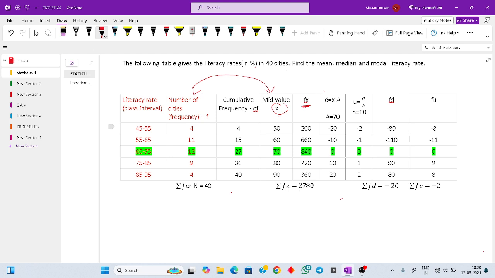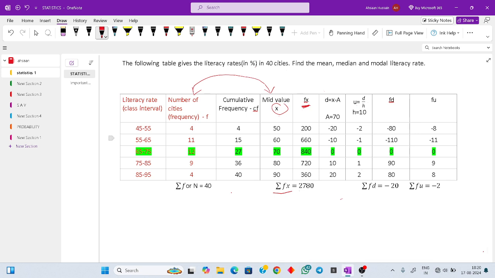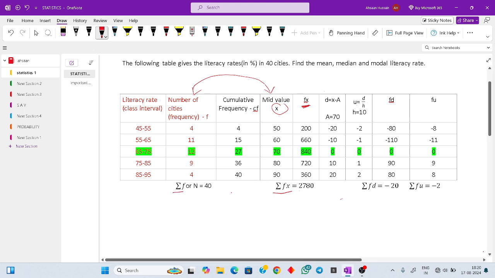So 4 multiplied by 50 is 200, 11 multiplied by 60 is 660, 12 multiplied by 70 is 840, 9 multiplied by 80 is 720, and 4 multiplied by 90 is 360. The sum of fx is denoted as summation fx. And the sum of frequencies is denoted as summation f or capital letter N.